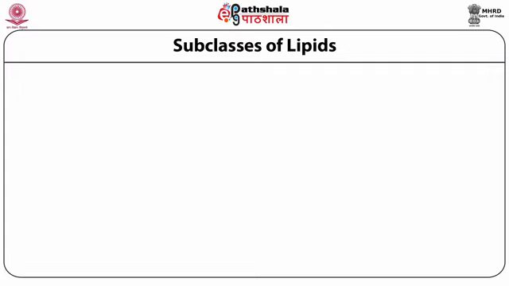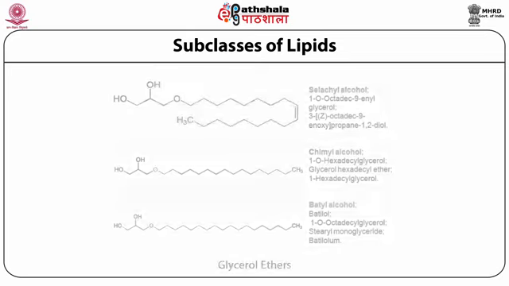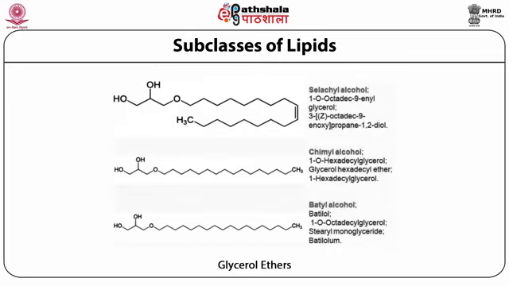While triesters of glycerol, fats and oils are well-known compounds, glycerol also forms another important subclass of lipids. These are the ether derivatives. Here are examples with one of the terminal carbon atoms as a part of an ether linkage.